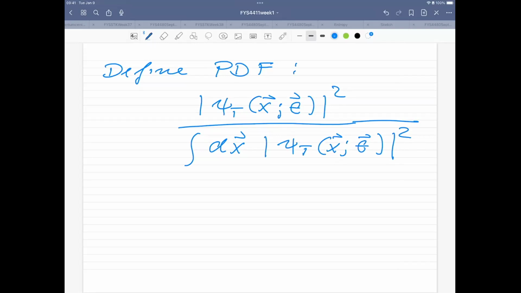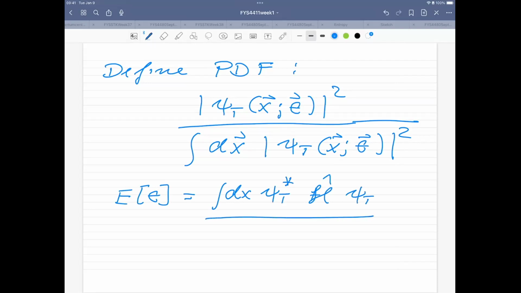Now, if I go back to this expectation value of the energy as a function of this theta, I'm going to write this one in a little bit more compact way. So I'm going to skip the variables here. So what we have is a Hamiltonian acting on psi_T divided by the integral of psi_T squared. So I hope you can excuse me because I'm not going to carry with me all these different variables.